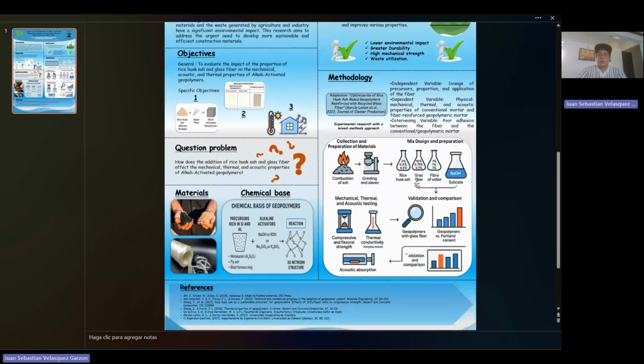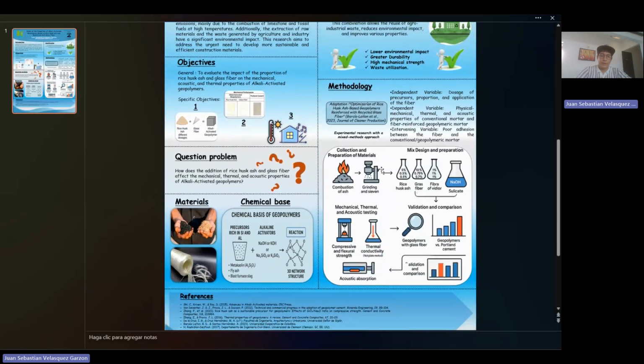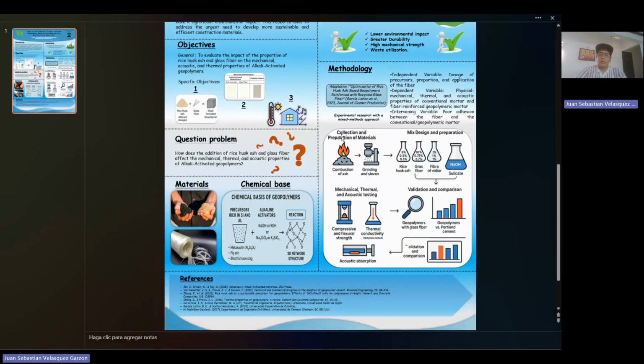In this methodology image, we start with collection and preparation of materials, combustion, grinding and sieving. Next, mixing and preparation: rice husk ash, glass fiber at 0.5 percent, and an alkaline silicate activator.